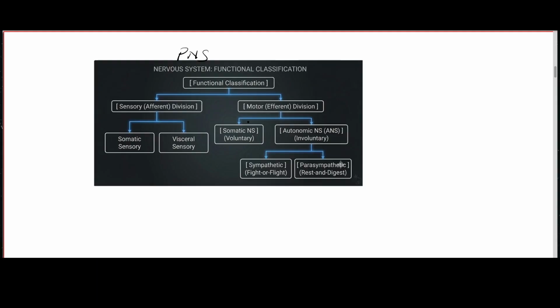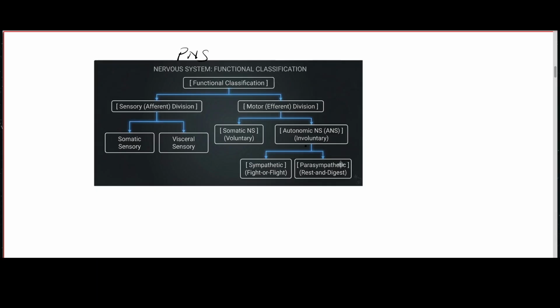Now the sensory division can further be divided into somatic sensory and visceral sensory, while the motor division or efferent division can further be divided into the somatic nervous system and the autonomic nervous system.